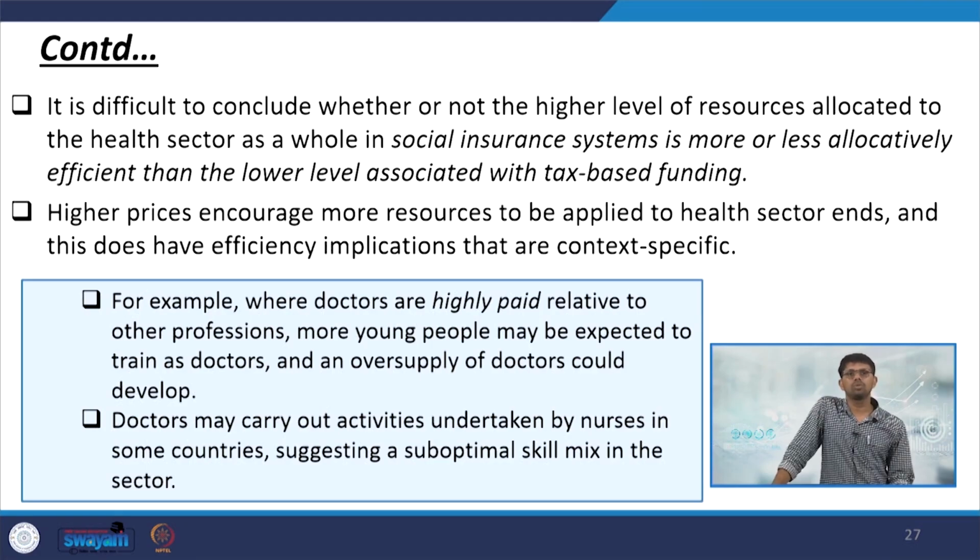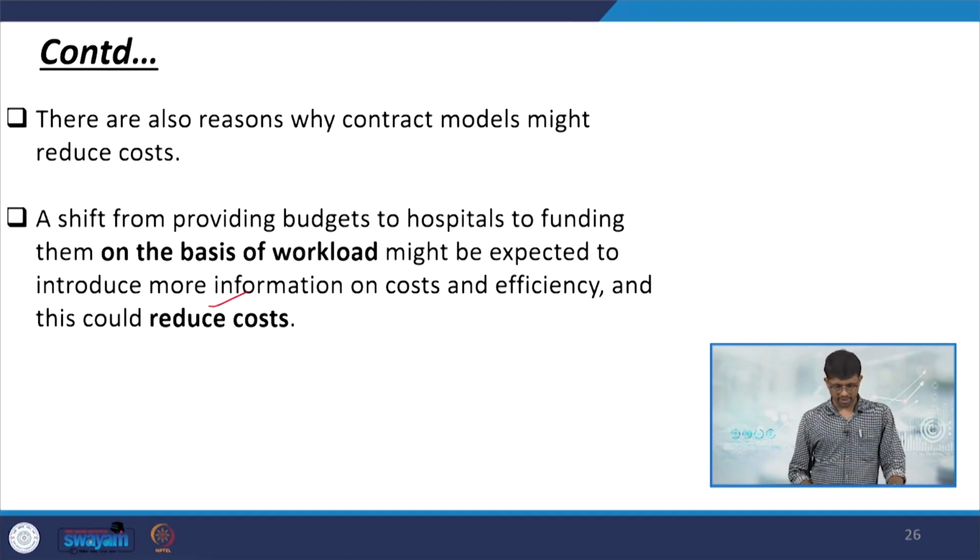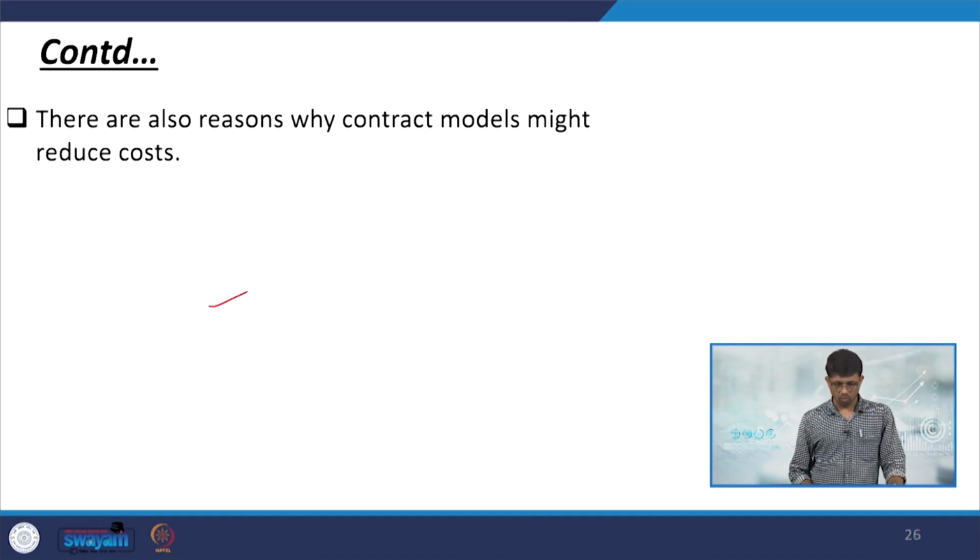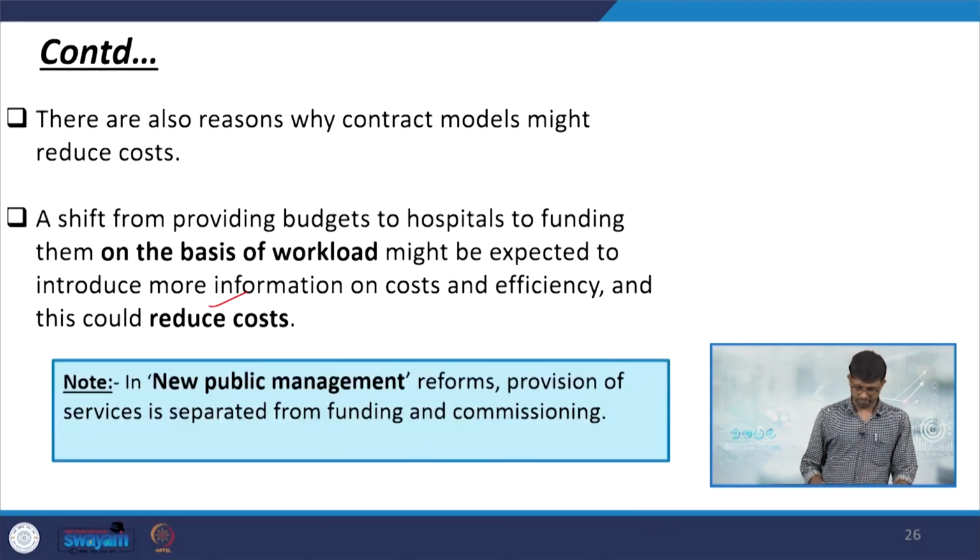Doctors may carry out activities undertaken by nurses in some countries, suggesting a suboptimal skill mix in the sector. So, we are also discussing all those possibilities to address how the cost can be controlled.